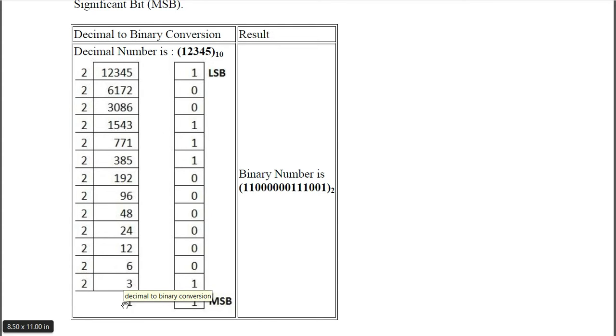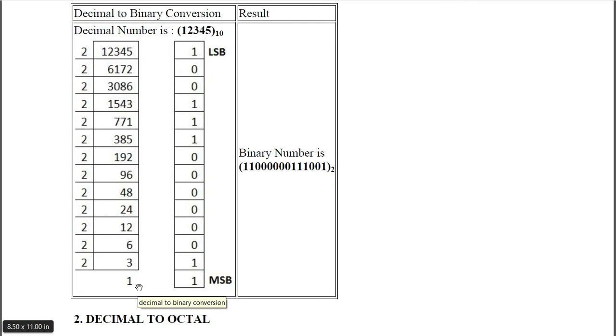We note the remainders on the right side of the calculation, and the other calculation is written on the left side.